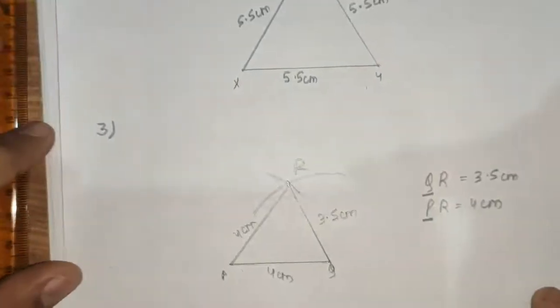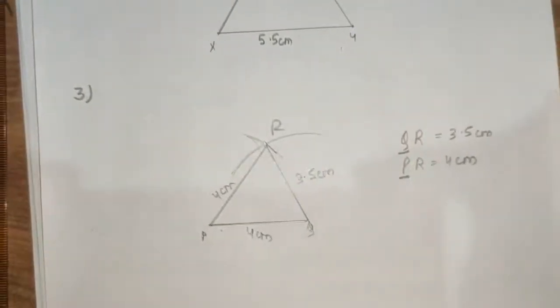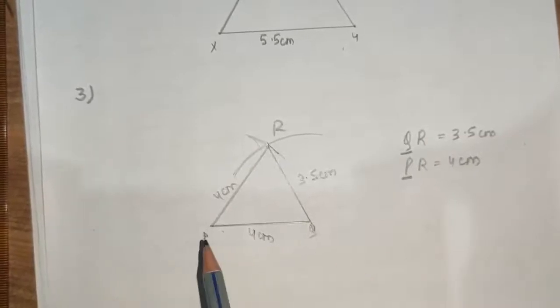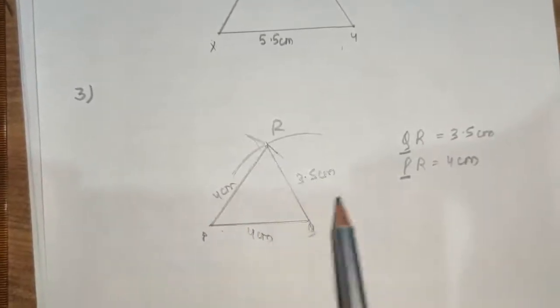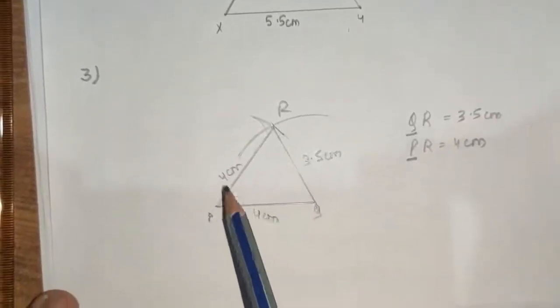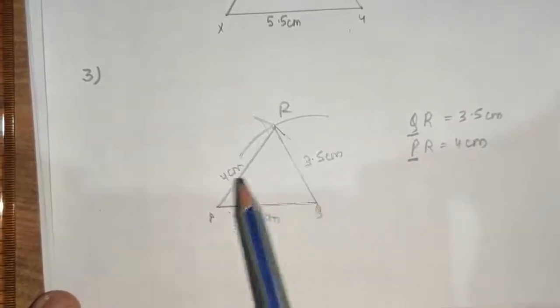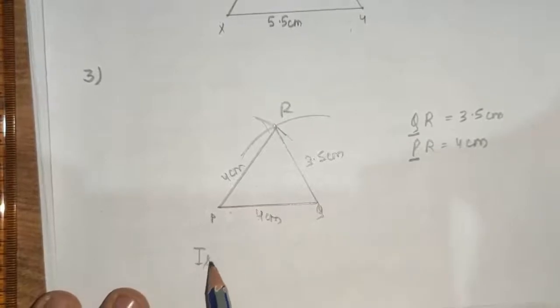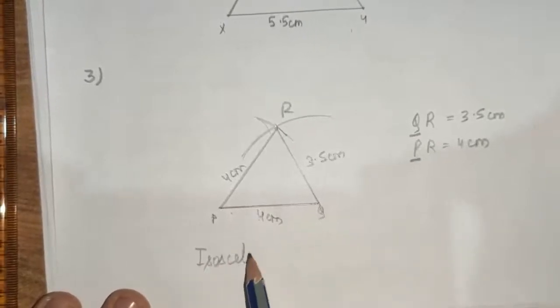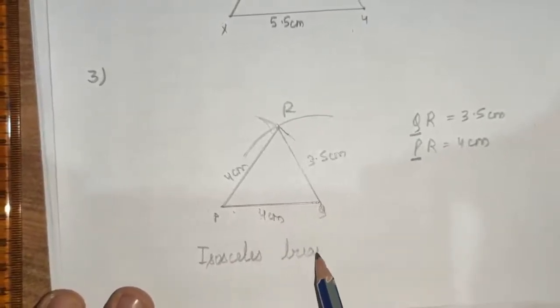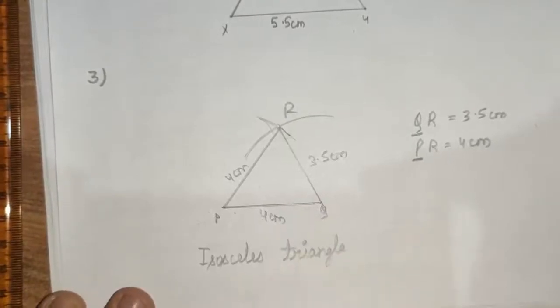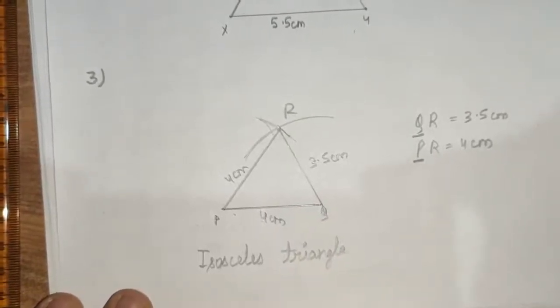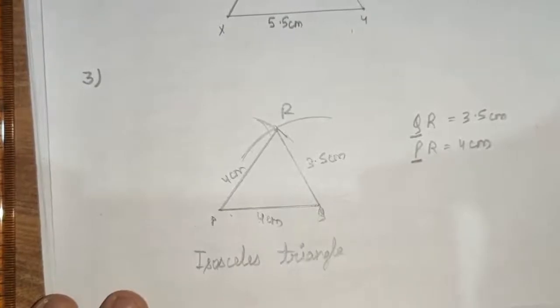Now one more question is there in this question, that what type of triangle is this? So you can see all three sides, two sides are same and one side is different. That's why it is isosceles triangle, because isosceles triangle is a triangle in which two sides are equal.